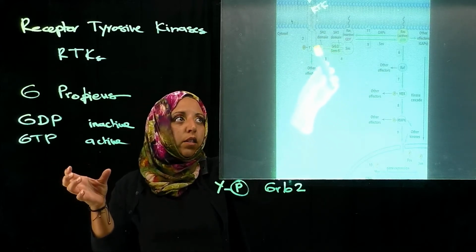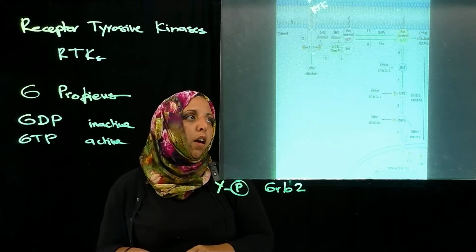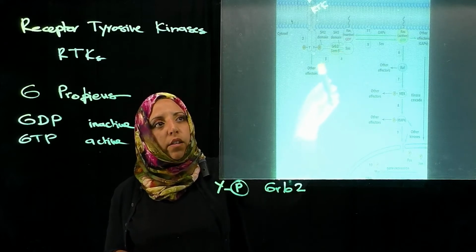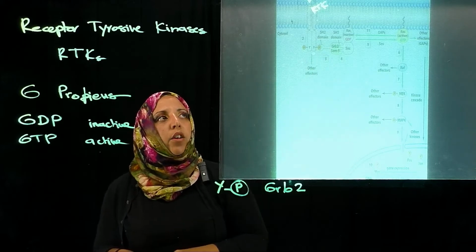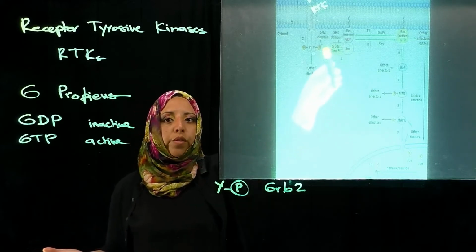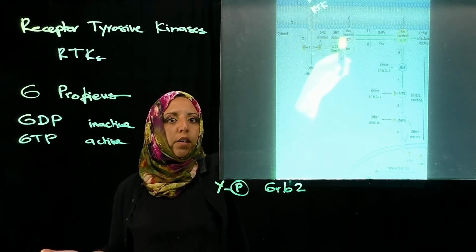Once it's bound to GRB2, it will cause the protein SOS to increase its concentration or migrate towards the inner surface of the plasma membrane, where it will interact with GRB2. And then this complex will bind to Ras.